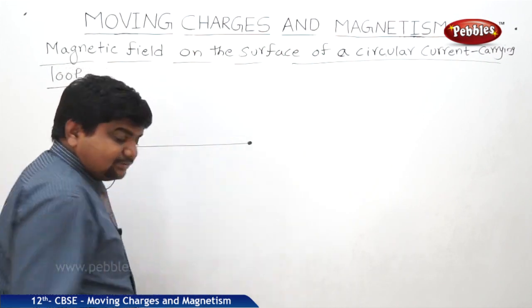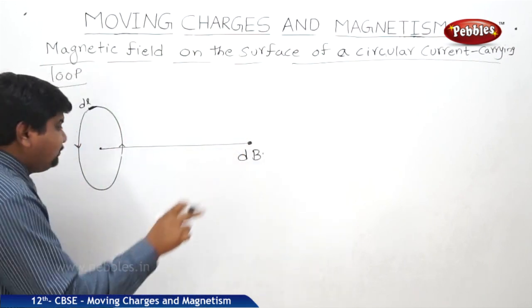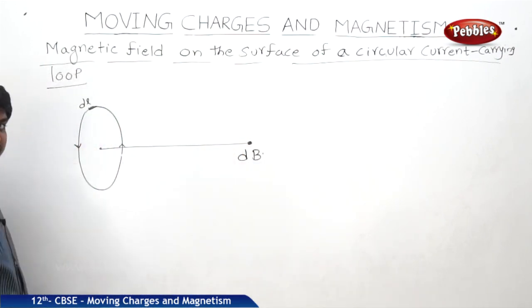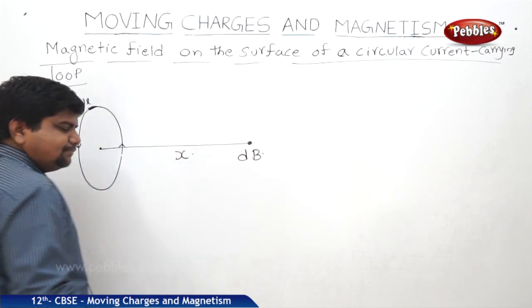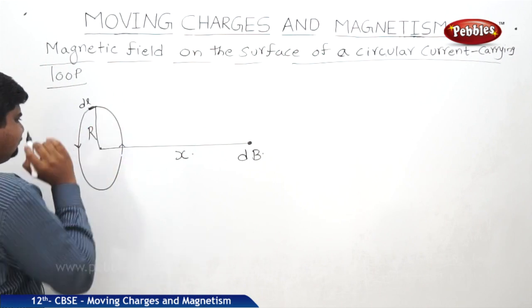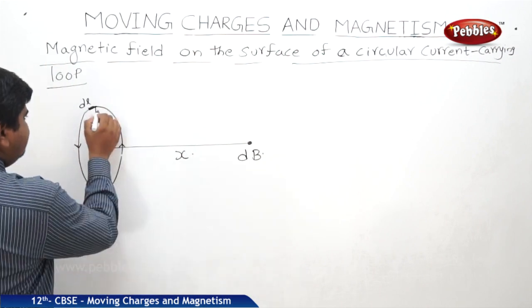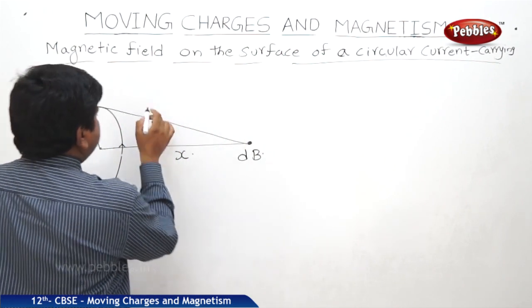Take a point here, where we are going to find the magnetic field due to this circular current carrying loop. This point is at a distance of x. This is equal to the radius of the circle, and this is r.